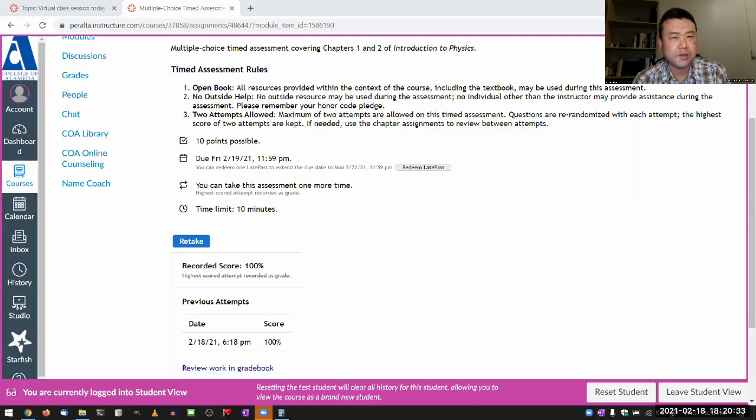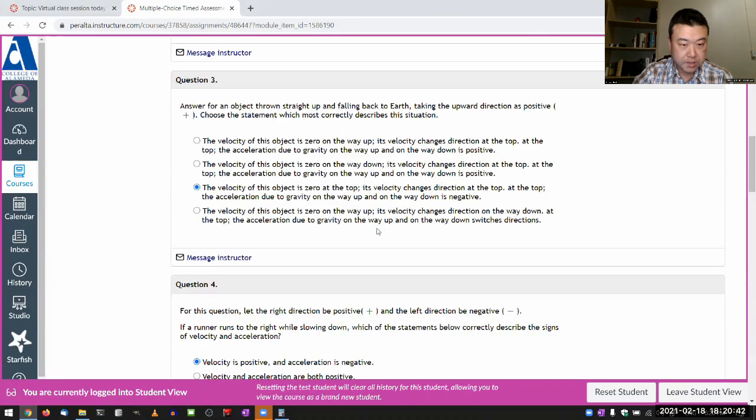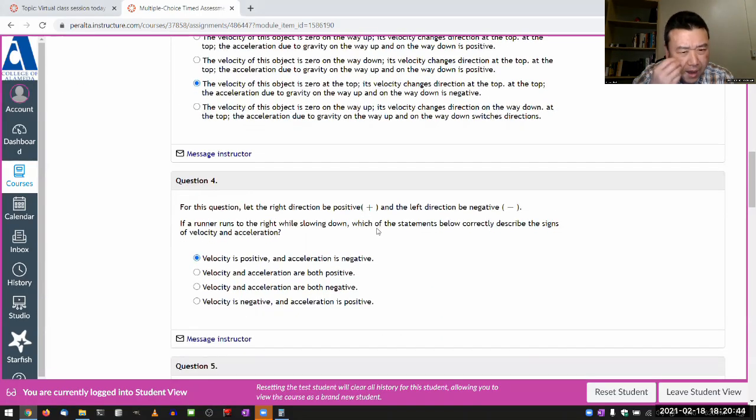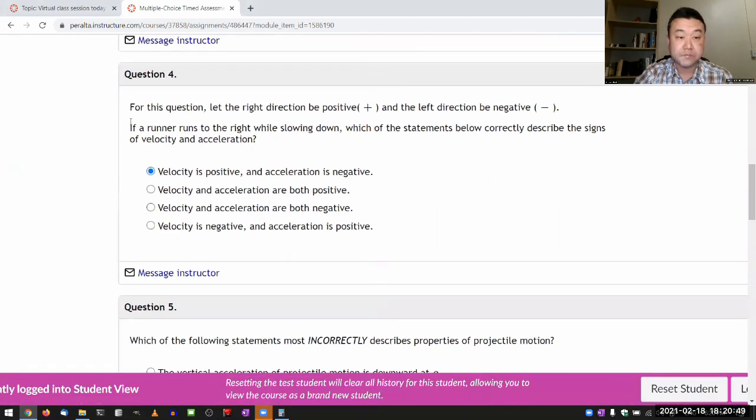So delta V is also a vector. Because velocity is a vector, you can see that in one of the questions here. The way I was going through it, I didn't really highlight it. For this question, let the right be positive and left be negative. When we say velocity is positive, what we are really saying is the velocity vector is pointed rightward.